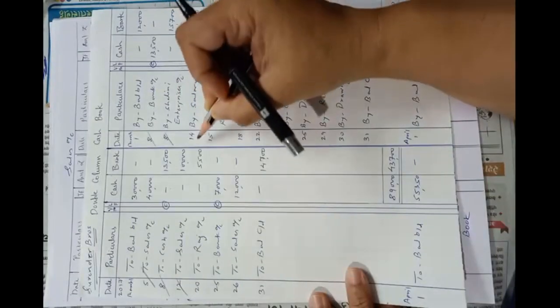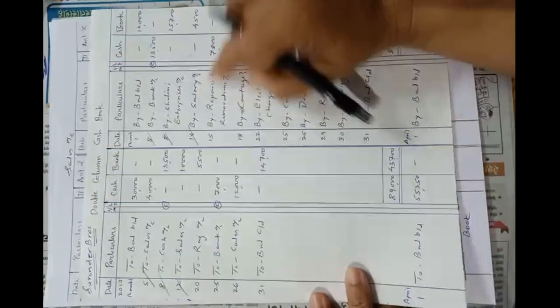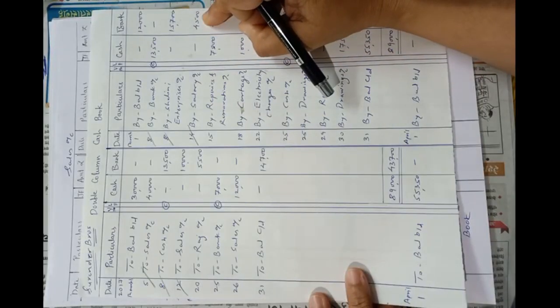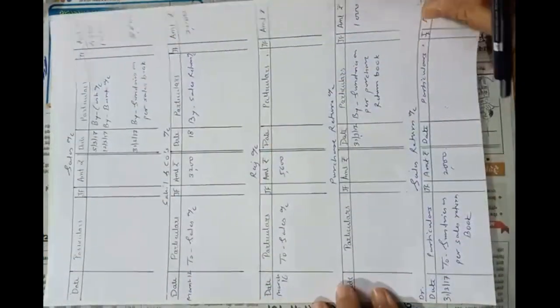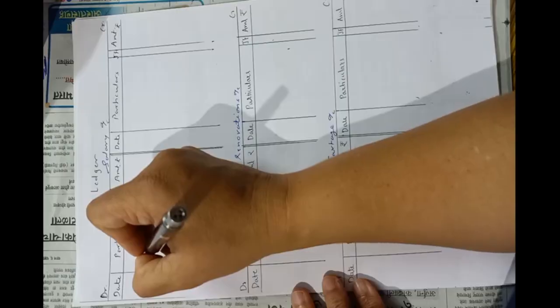Now entry of 14th by salary, amount in bank column, so it means in bank account. So credit side of bank account by salary 4,500 means debit side of salary to bank. Debit side of salary account, here it is.